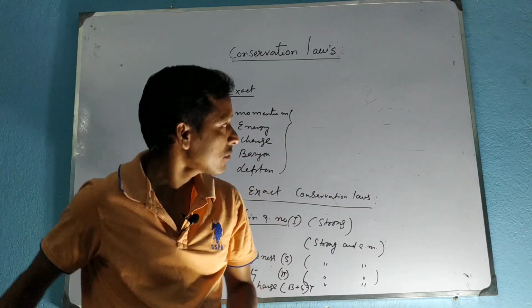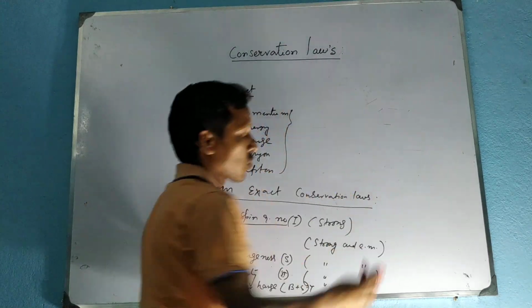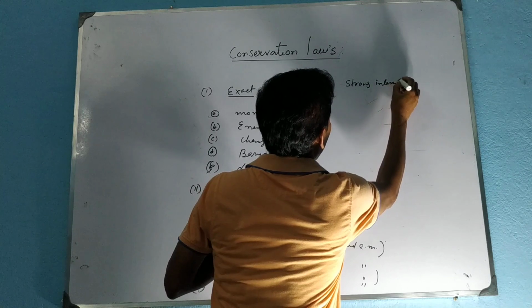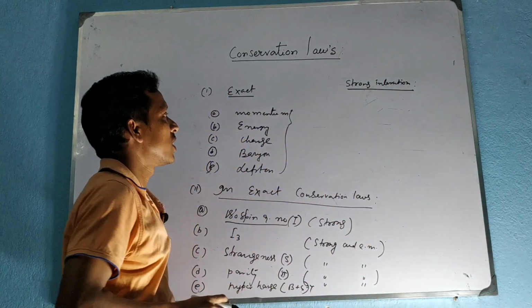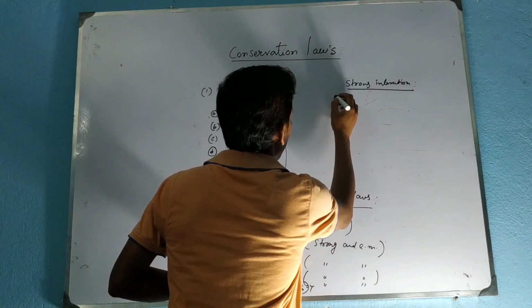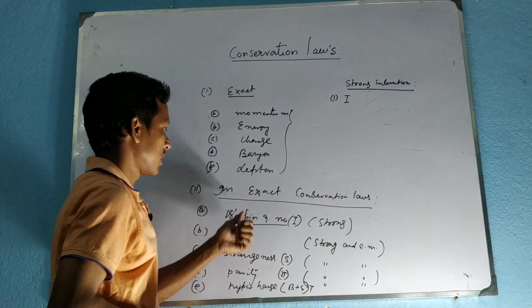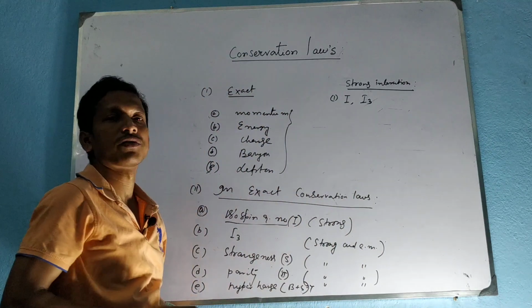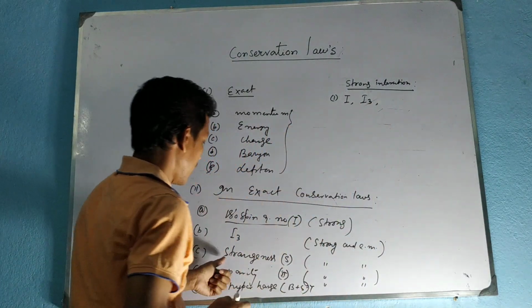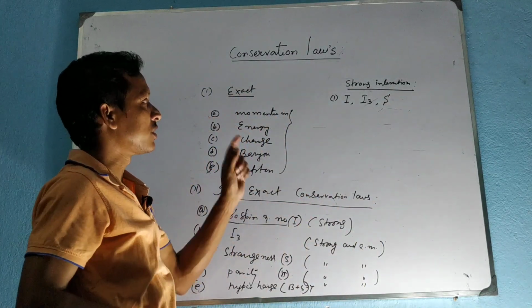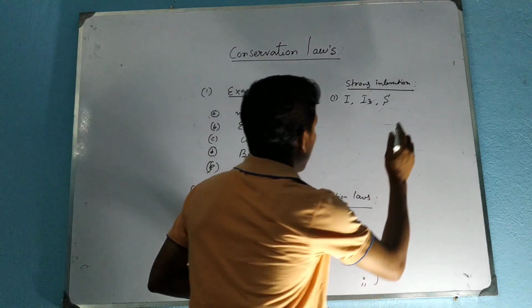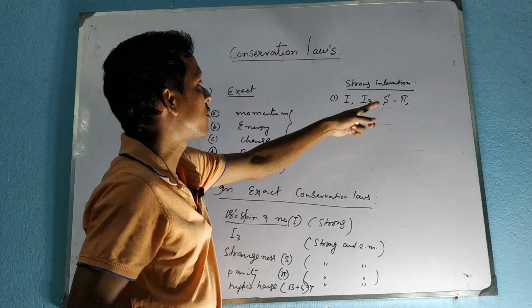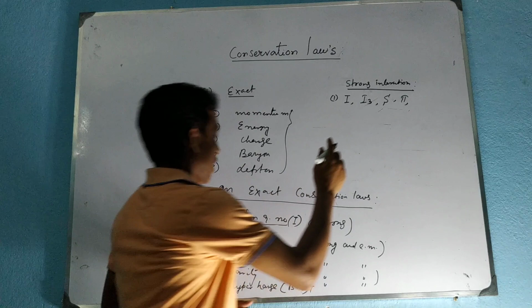Okay, thus the conservation laws that are conserved in strong interaction are: isospin quantum number, the third component of isospin, strangeness quantum number, parity, which is actually a reflection symmetry operator, and hypercharge.